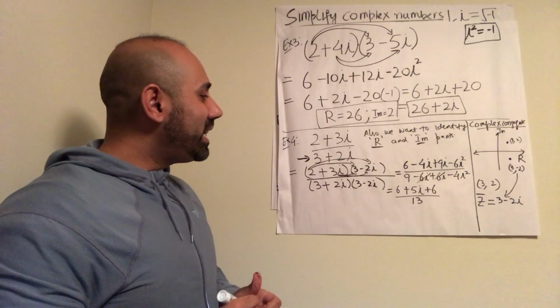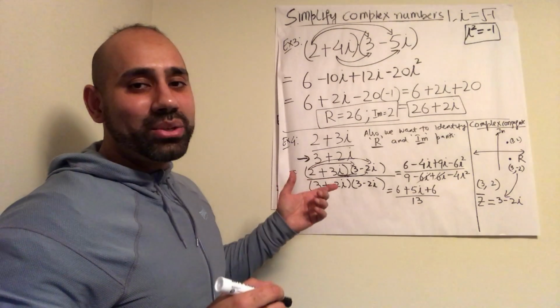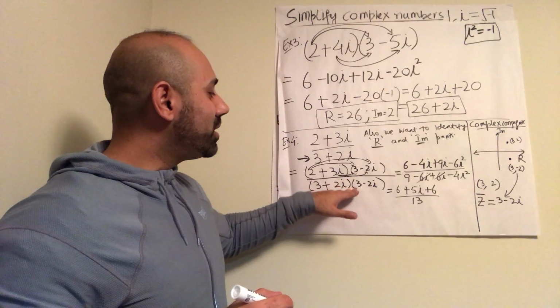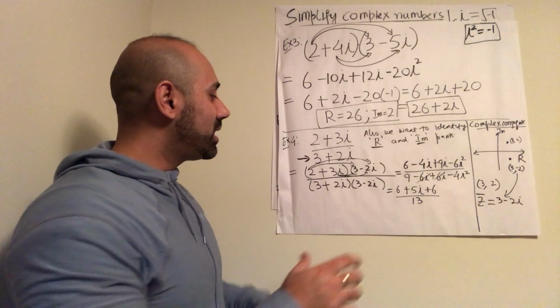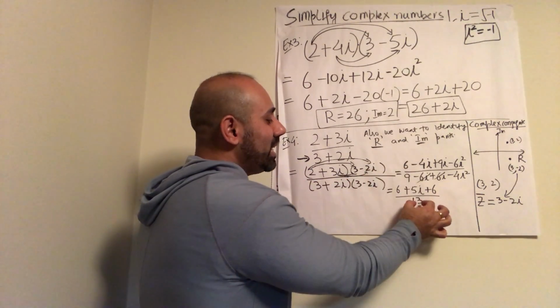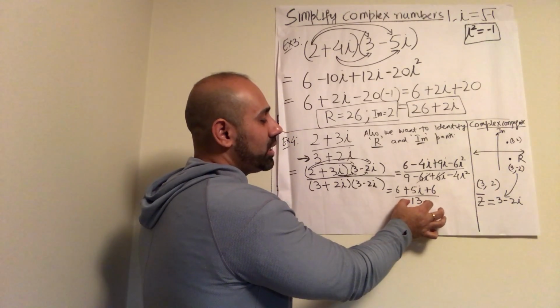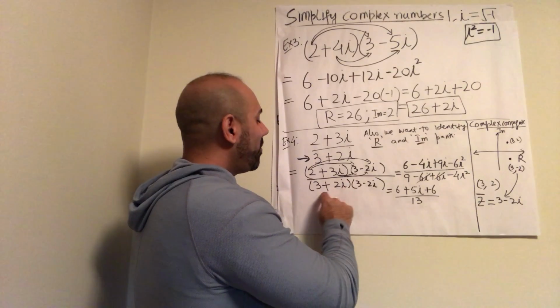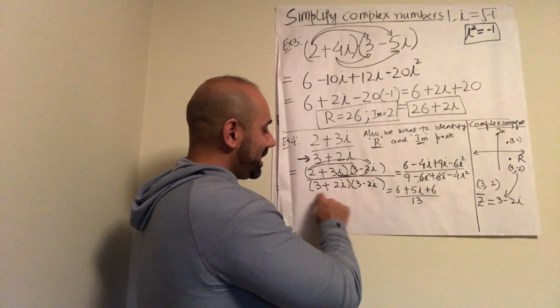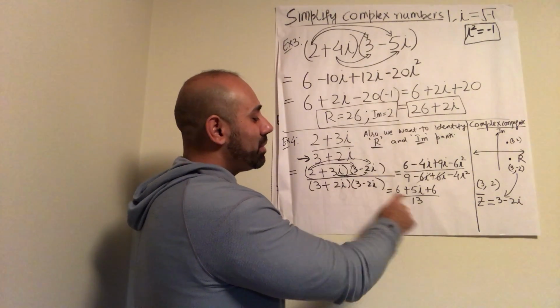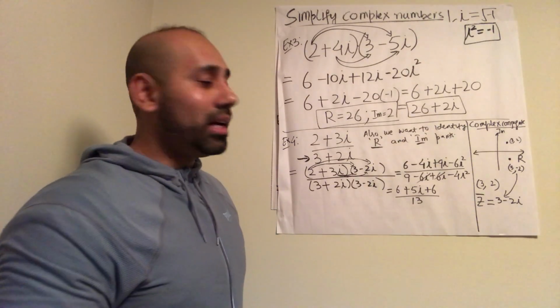So I hope you can see now why we were trying to multiply both upstairs and downstairs by the conjugate. One of the reasons was that we want to get a pure real number downstairs without any i's. So when we multiply this complex number by its conjugate, what happens? We get a real number as our final answer.